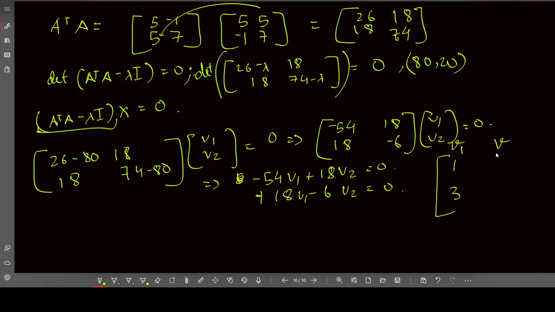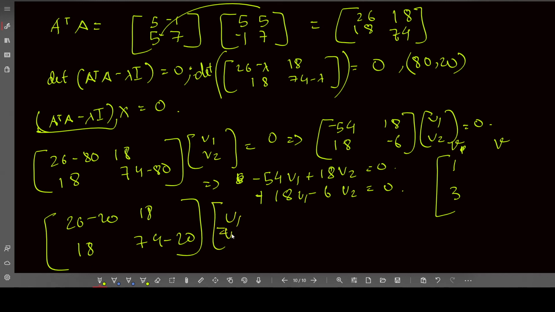Now I have to find the other one, the vector for the eigenvalue 20. So I'll do 26 minus 20, 18, 18, and 74 minus 20, into V1 and V2.